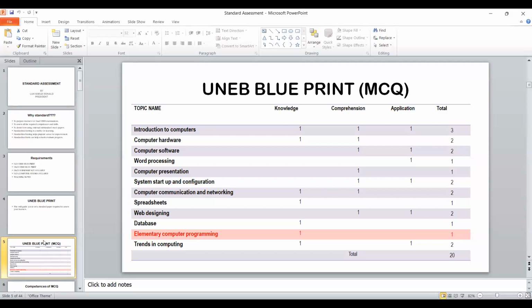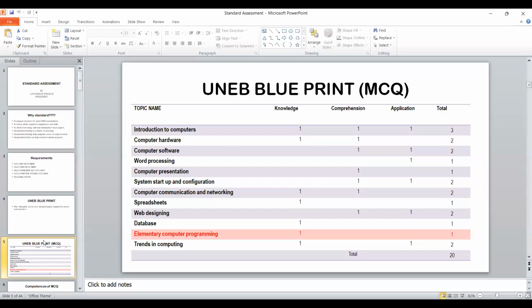MCQ is for multiple choice questions. And this is how you're supposed to arrange those 20 questions, the objectives. Introduction to computers must be with 3 questions. You make sure that in the objectives, you have 3 questions about introduction to computers.